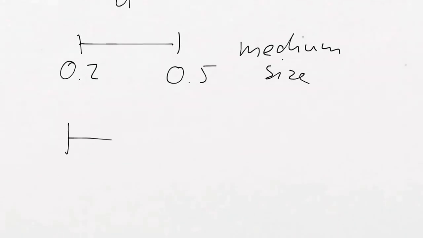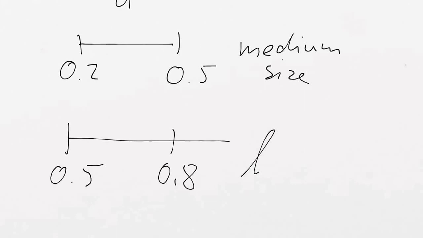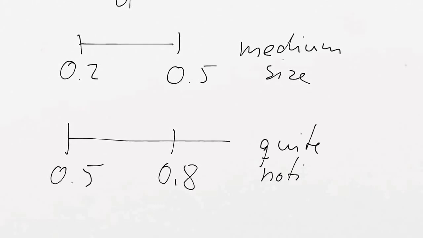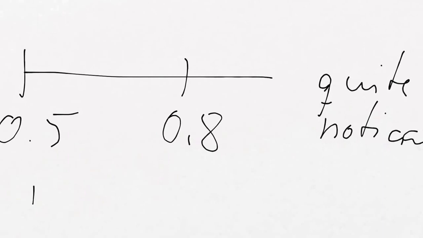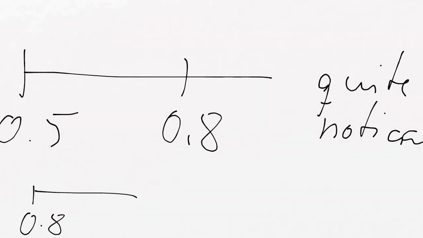From 0.5 to 0.8, they call it quite noticeable, and anything above 0.8 is large. So even somebody who has no idea about statistics will see, wow, there is an effect.